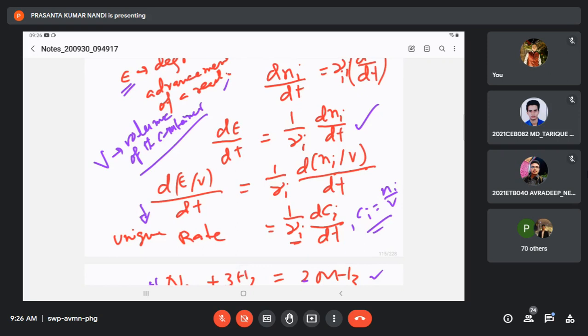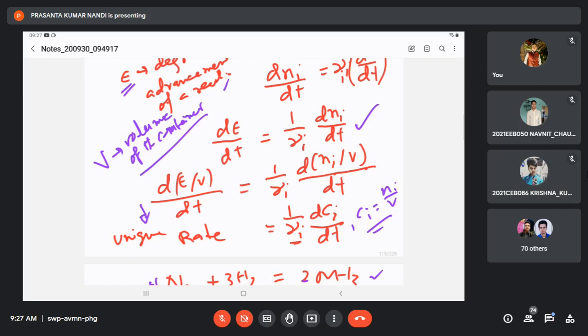What is Ci? Ci is the molar concentration, number of moles per unit liter. So Ci equals Ni by V. And the left hand side, that quantity d/dt of epsilon by V, this is called the unique rate.